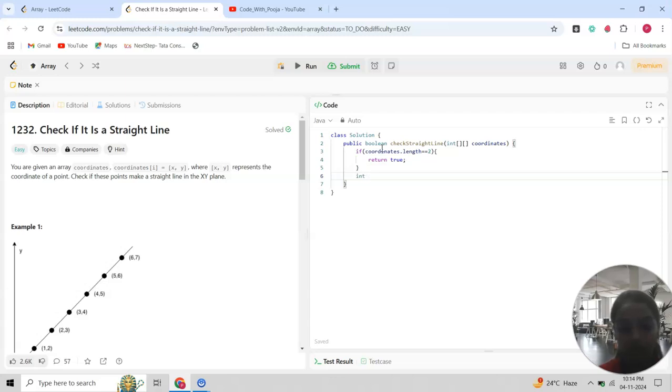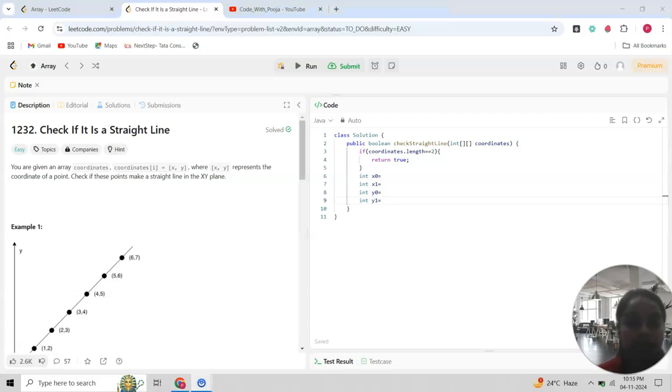Now we need to find x0, x1, y0, y1. Now what these 4 points imply, I am explaining here. Let's consider this line.